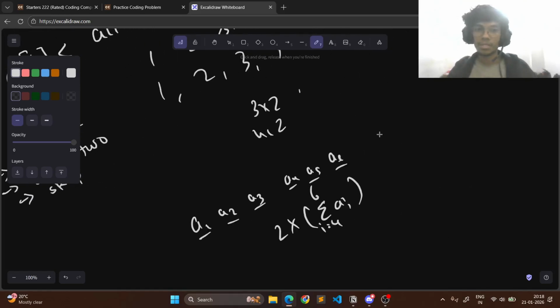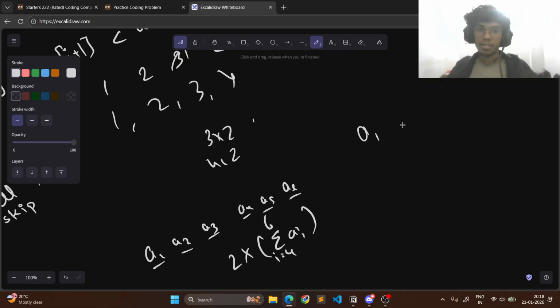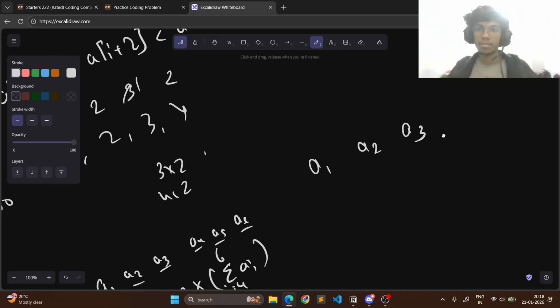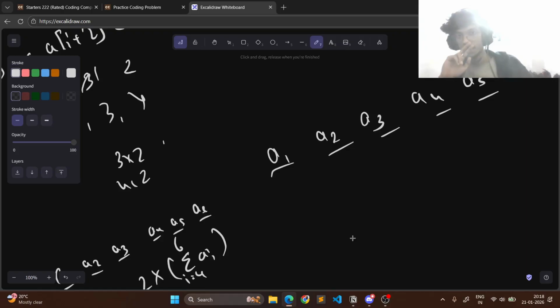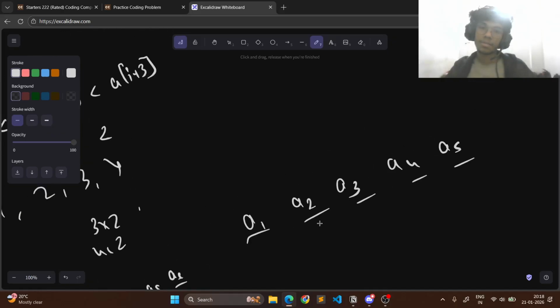But if it's, let's say, an odd length subarray, what about that case? If this is strictly increasing, then we'll have 5 tickets. So what we can do is sell 2 over here, sell 2 over here, and sell 1 over here.